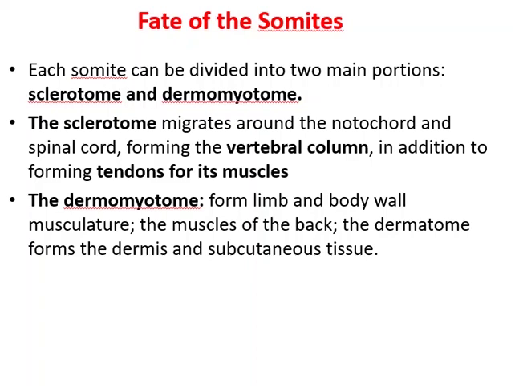In addition, it forms the tendon for its muscle, the muscle around the vertebral column. The dermomyotome forms the limbs and body wall musculature, muscles of the back, and the dermatome forms the dermis and subcutaneous tissues.